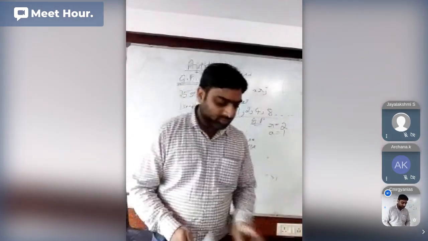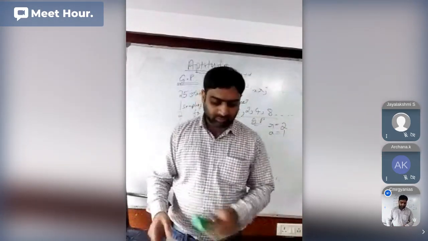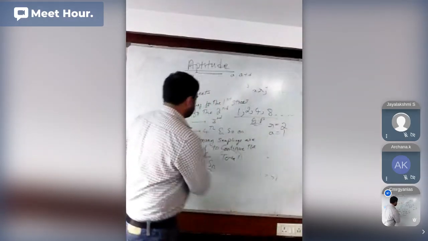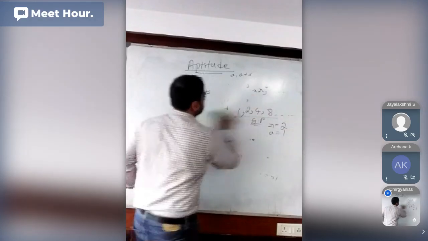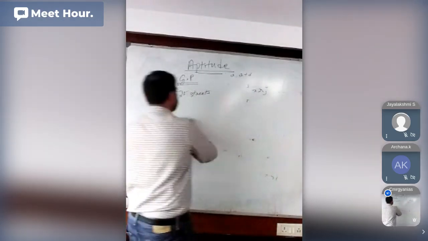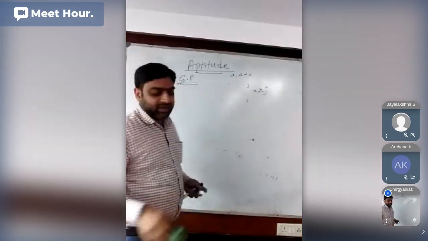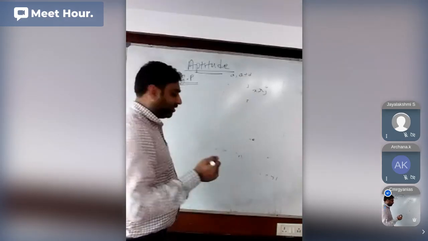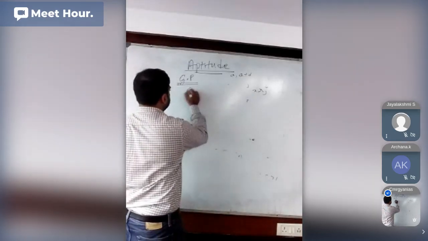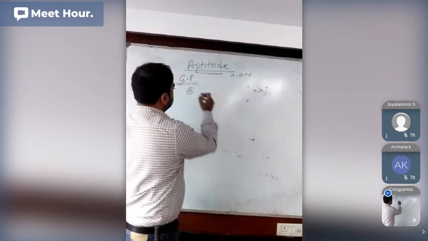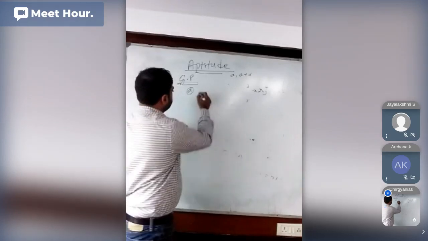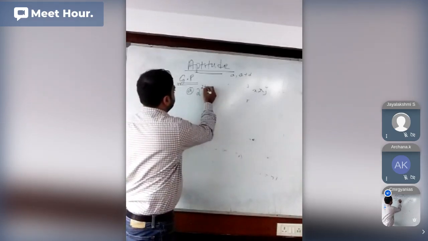Okay, so let me solve it for you. Let me give you the options, and we'll see if you have gotten the right answer. First option was 2 to the power 25.